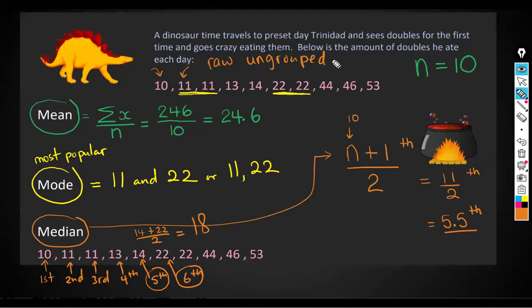Raw ungrouped data is just values with commas in between them, right? And you need to memorize that term, right? So put a little arrow now over here saying that all of these values here are considered raw ungrouped data. In fact, all the questions we did so far were raw ungrouped data. It's just individual values separated by commas.